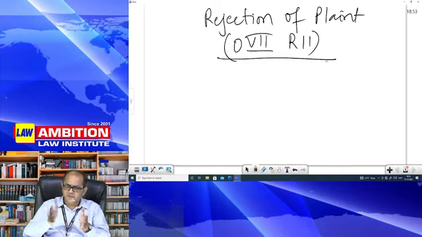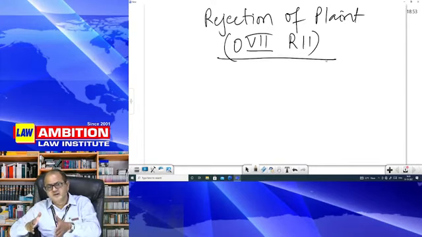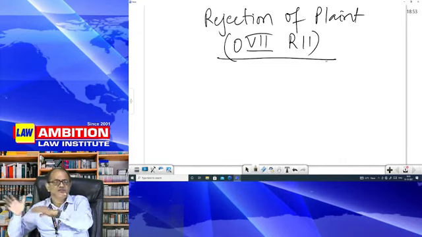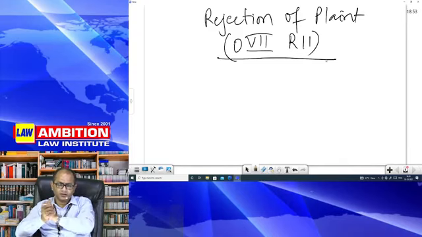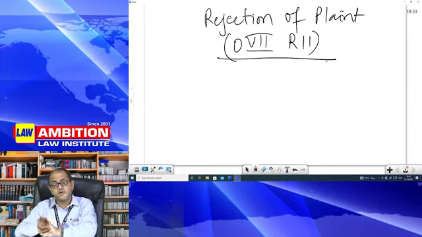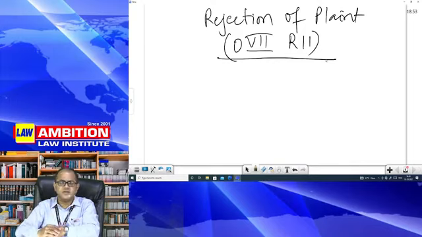So before the defendant has appeared, during trial where the defendant is in the court, and even after trial. But if the question of rejection of plaint is raised, it should be decided immediately without moving further, because it will serve no purpose if we move further and waste our time, your time, the court's time. So this is a very solemn provision to that extent.